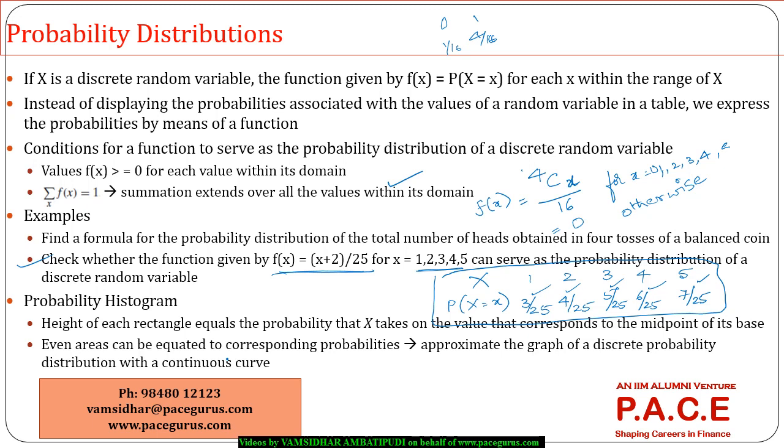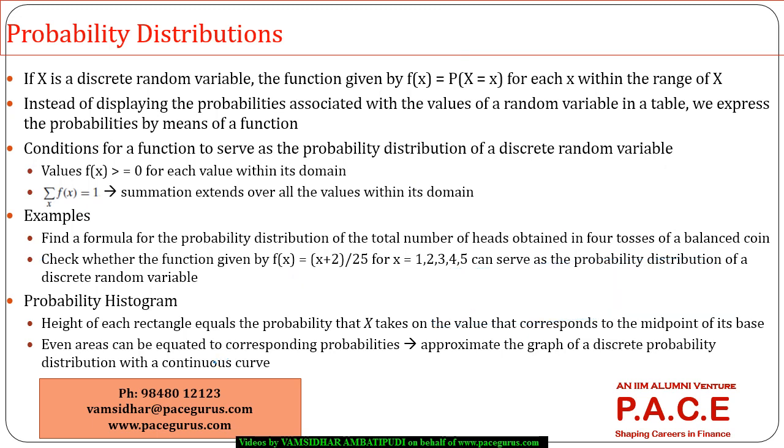Then in the context of probability distribution, we also have what is called a probability histogram. So we are simply plotting a graph where we have, let's say in our earlier example, the different values of the random variable. So let's say we are talking of the number of heads.